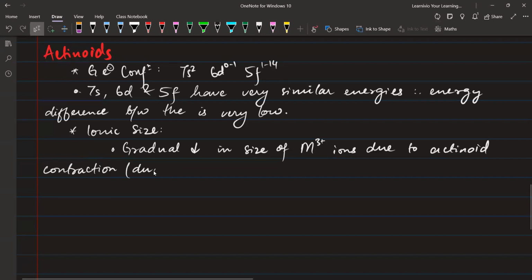Due to shielding of 5f electrons. ठीक है, अगर बात की जाए which contraction is larger, जहाँ effect ज्यादा होता है, then actinoid contraction.